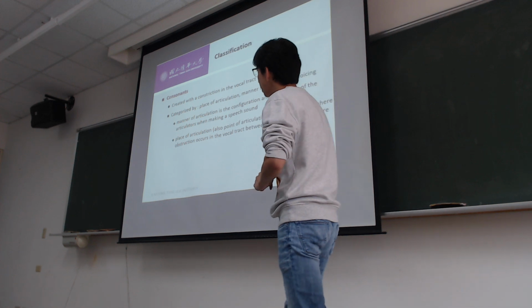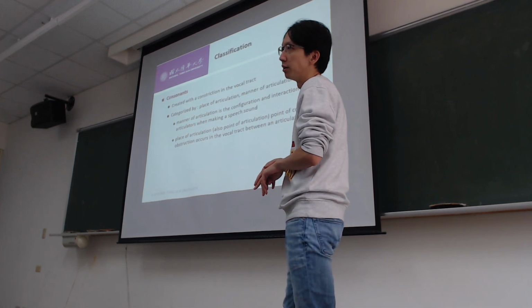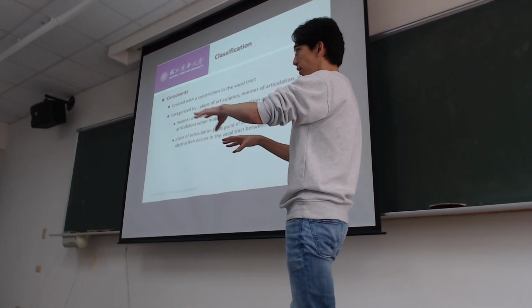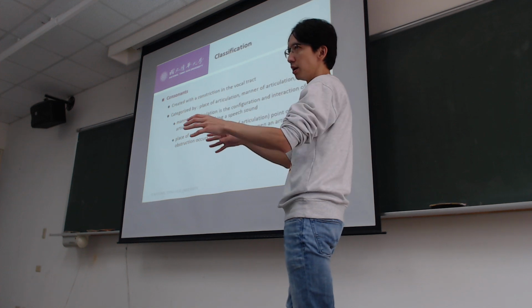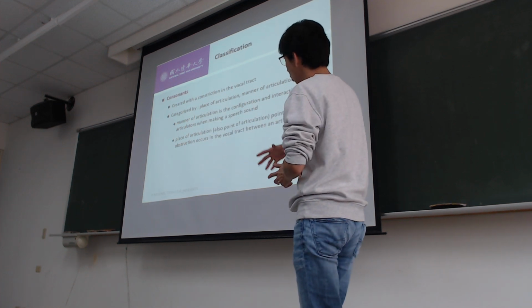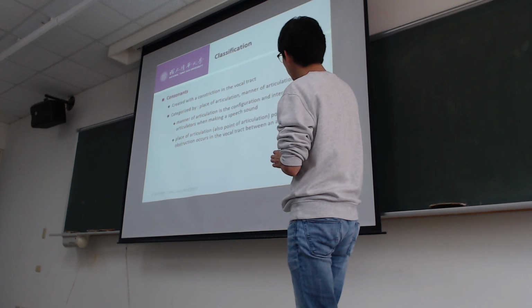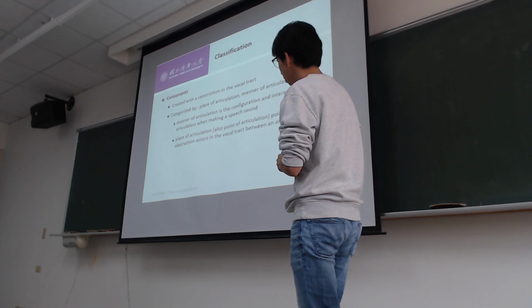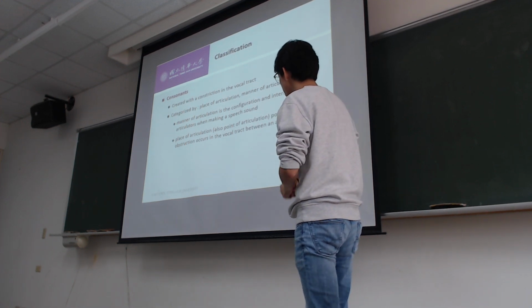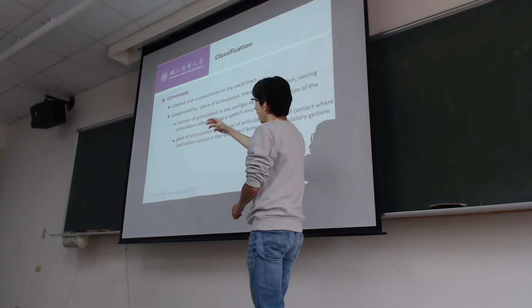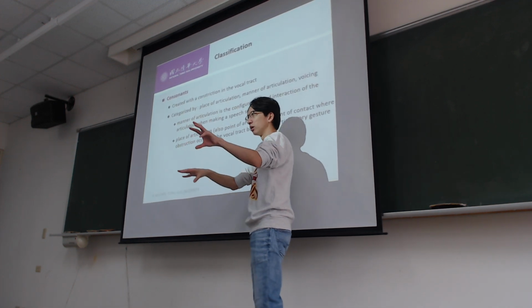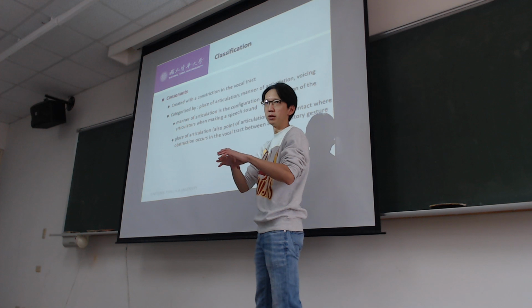It depends on the manner of articulation and place of articulation. There are about 30 consonants, and we can look at the configuration, the interaction of articulators making a speech sound, or the place, the point of contact where obstruction occurs in the vocal tract. So where the constriction happens and how we move those things, we can characterize the consonants.